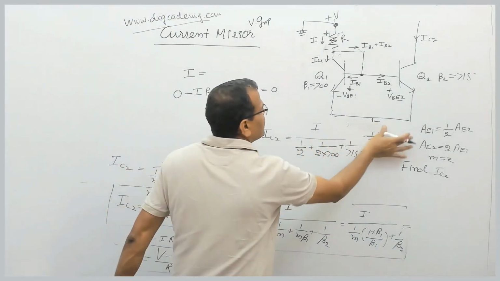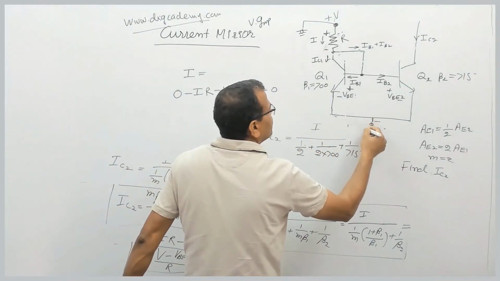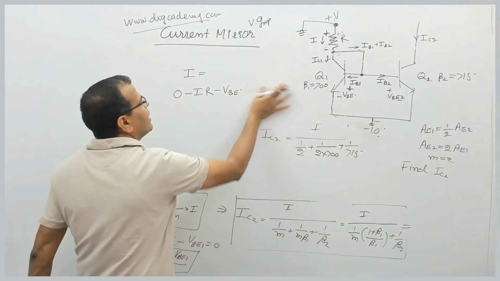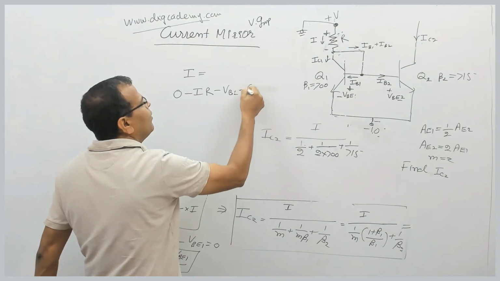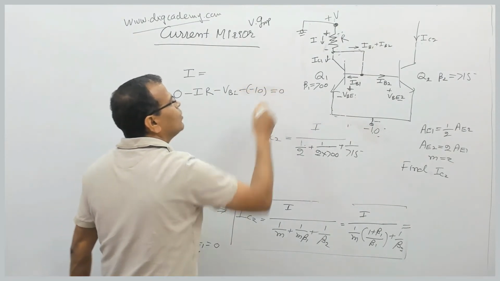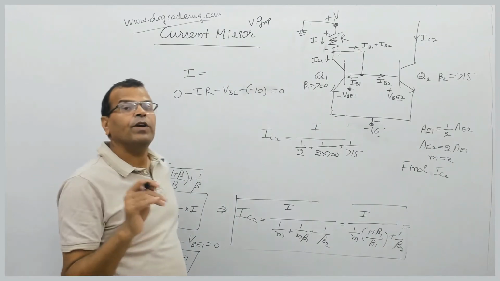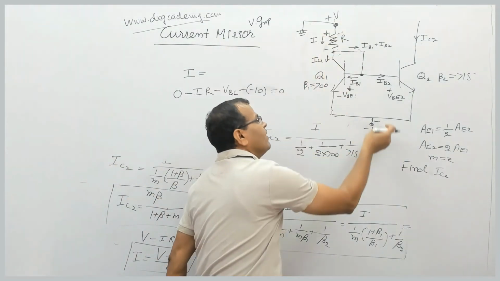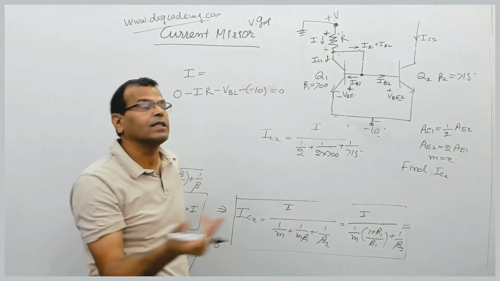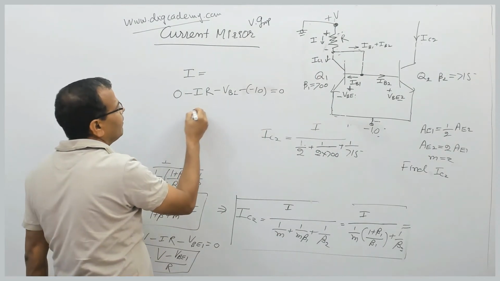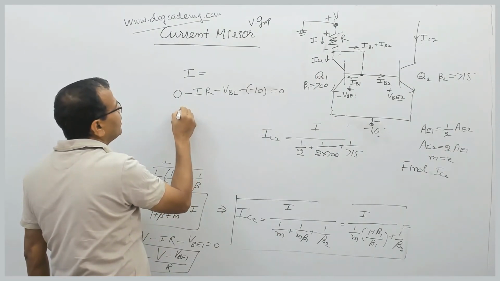Or you can simply say, if the voltage of a node is minus 10, you could have written minus of minus 10 also. That's also correct. When the voltage of a node is negative and you are applying KVL, it has to be minus of minus. So what will be current I?